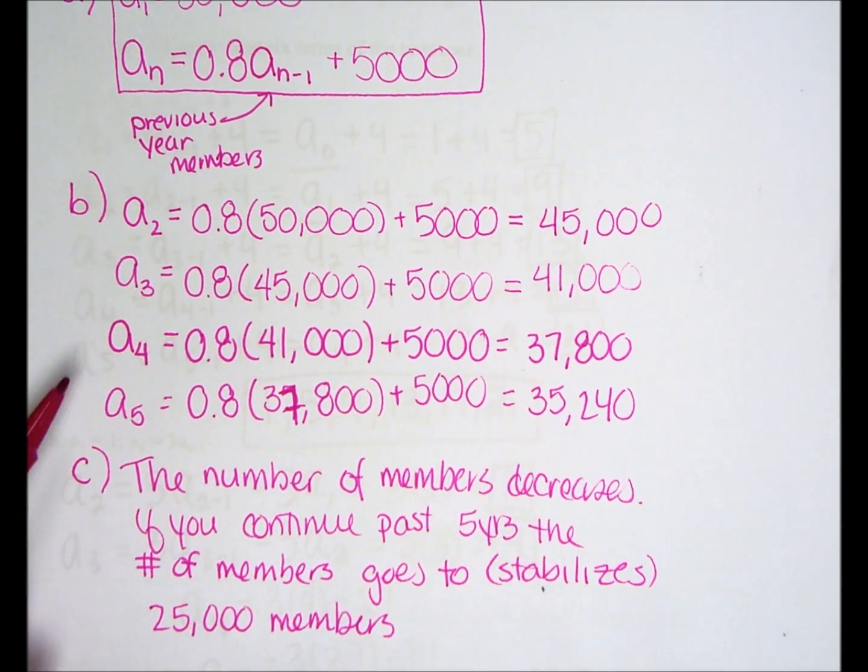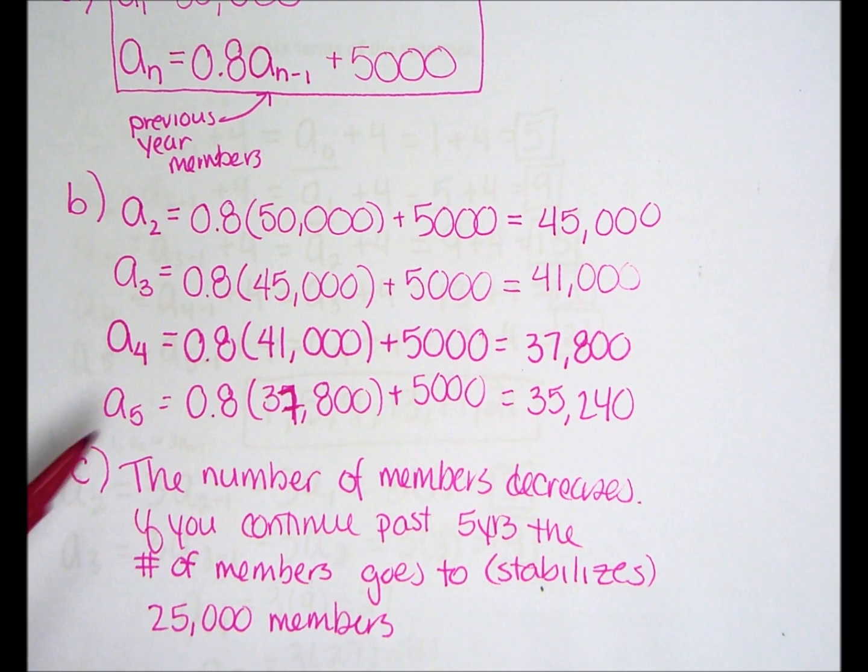So if you found A sub 6, A sub 7, A sub 8, A sub 9, A sub 10, you would find that those numbers are getting closer and closer to 25,000, and that would be what happens to the number of members over the course of time.